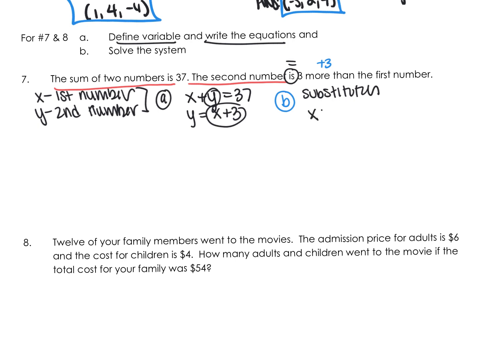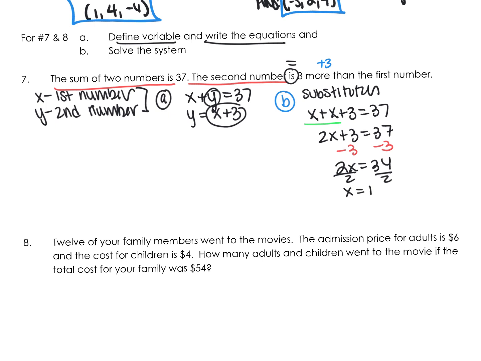So we'll have x plus 3 equals 37. Combine some like terms here. So we'll have 2x plus 3 equals 37. Subtract 3. And we'll have 2x equals 34. Divide by 2, and we get x is equal to 16.